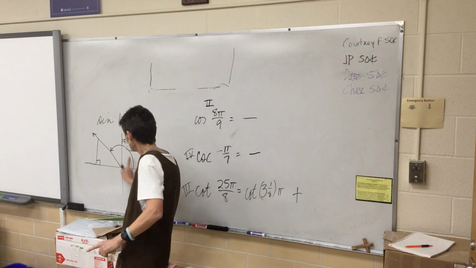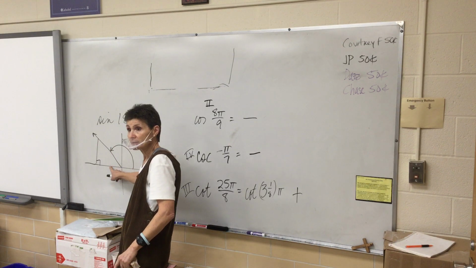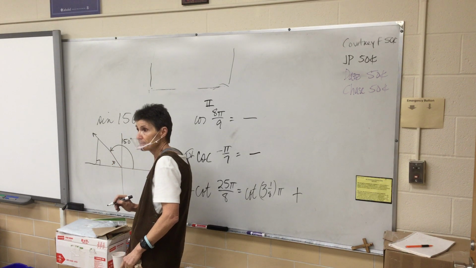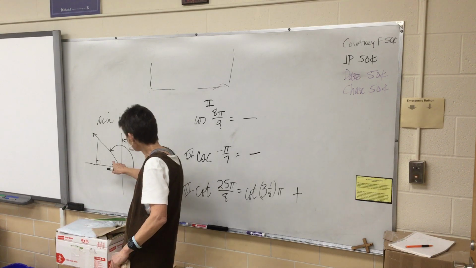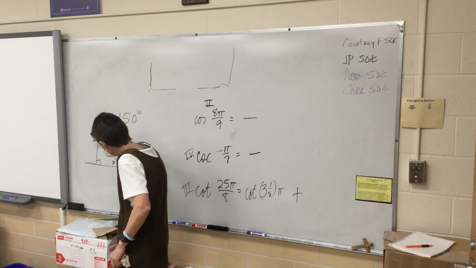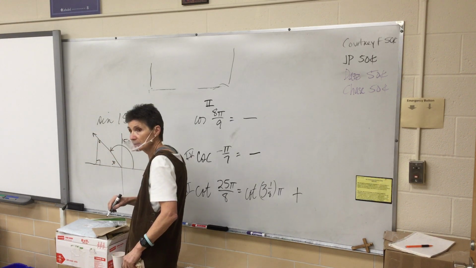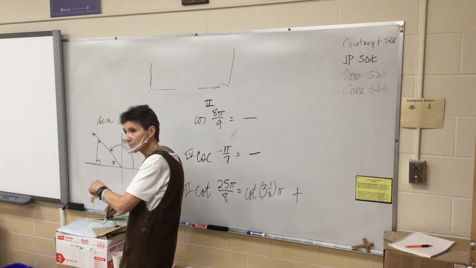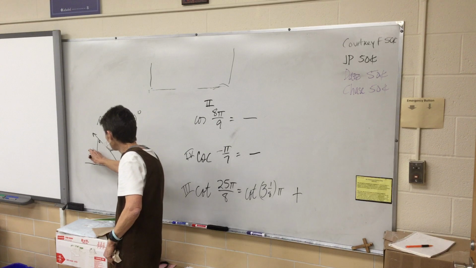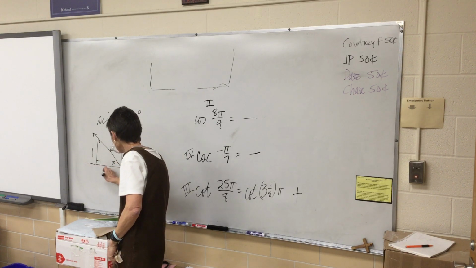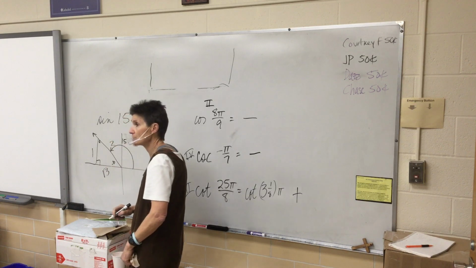Guys, this is 180, right? So doesn't it make sense that this would be 30? Whoa! There's a 30 and a 90. So this has got to be 60. What are the sides of that triangle? Well, across from the 30 is 1. Across from the 60 is root 3, and the hypotenuse is 2.